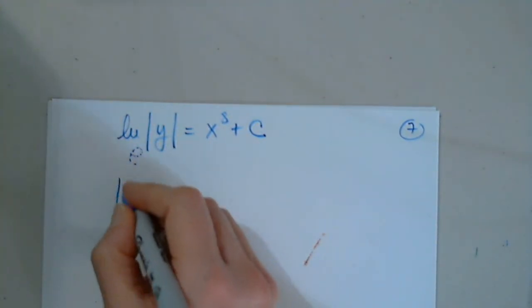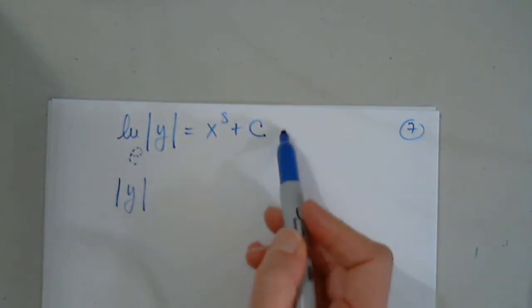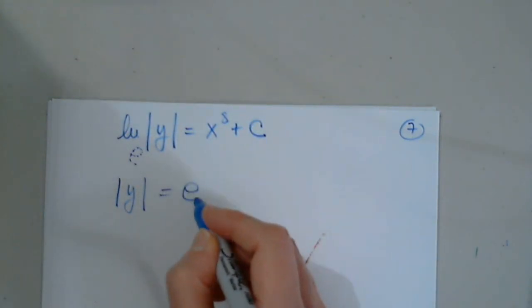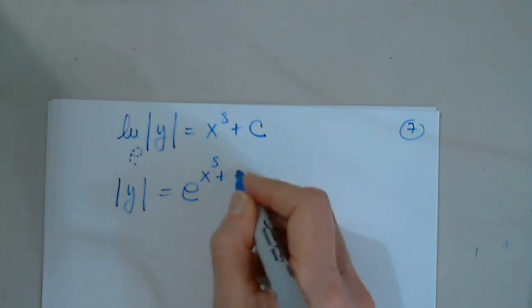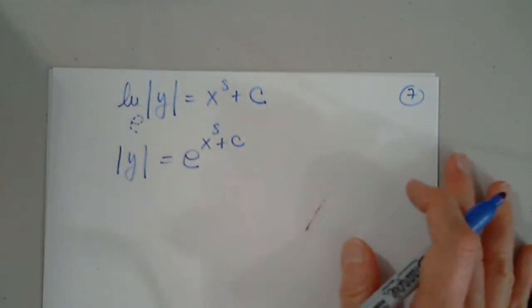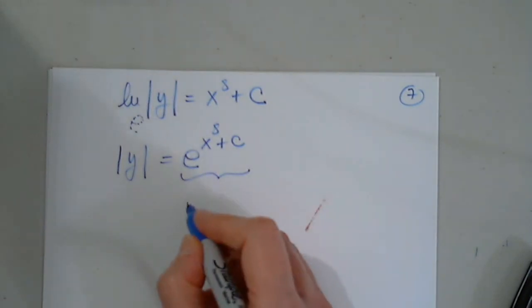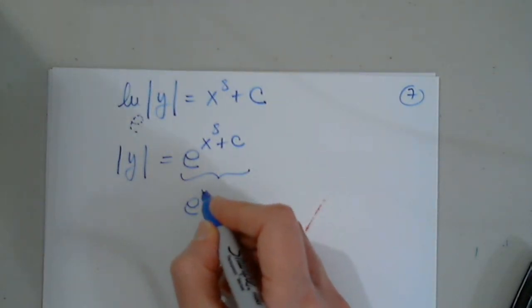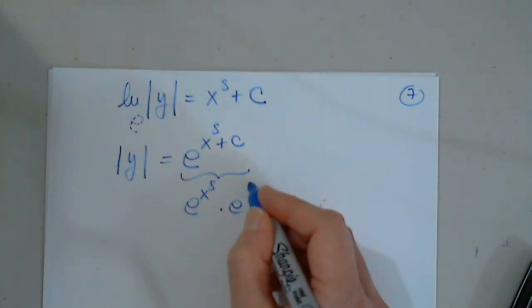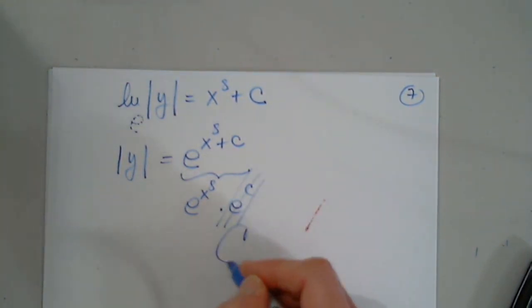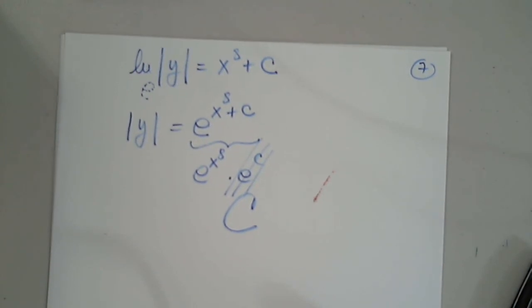So then the absolute value of y will be e to this number. So e to x to the 8th plus c. Now remember what we do next here. We rewrite it as e to x to the 8th multiplied by e to c, which changes into a simple constant c.